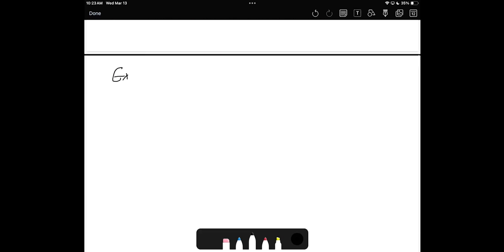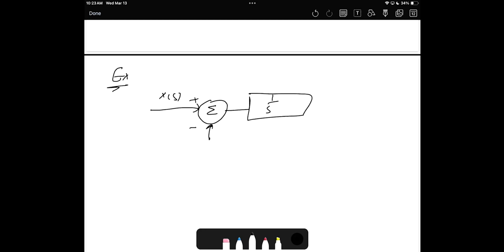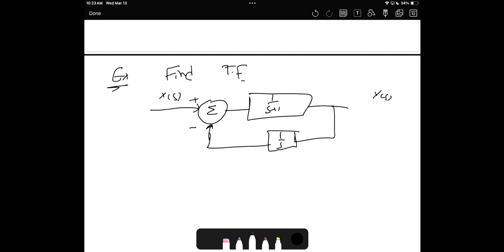So example, assume we have x of s, then here's the sum, here's the subtraction, then we have 1 over s plus 1, and the sensor feedback is 1 over s. Then we need to find the transfer function, find tf as a shortcut for transfer function.